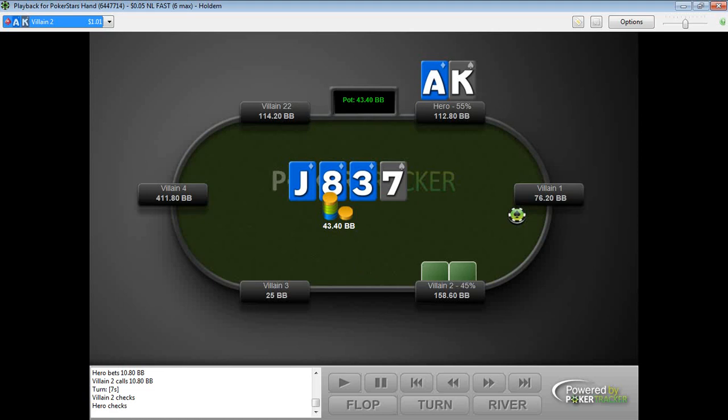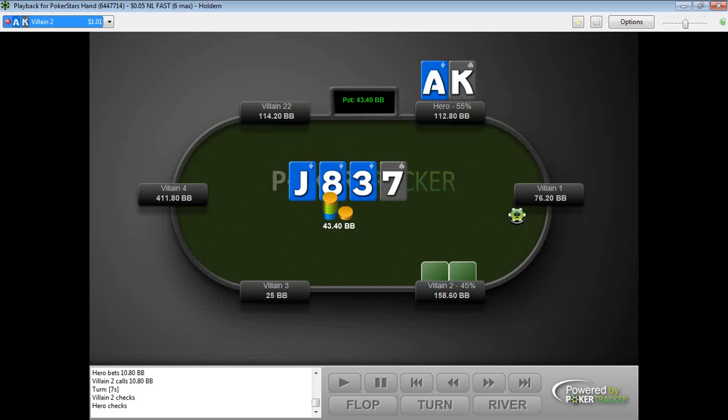Because now we've capped our range. Now he knows we don't have a flush. Now he knows his set of jacks is winning. So what can happen here is, if a non-diamond comes out, he could bet, or he can check raise, knowing he has me beat.